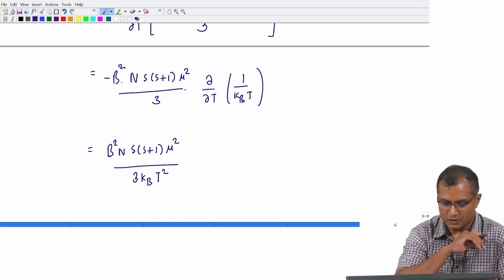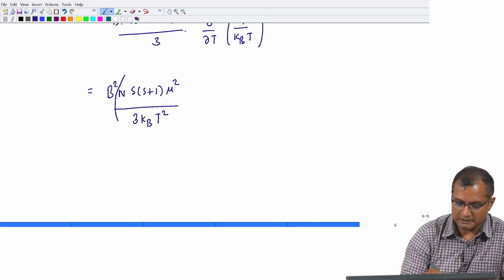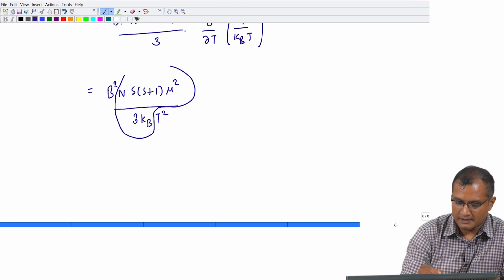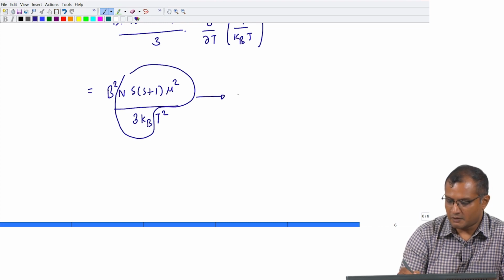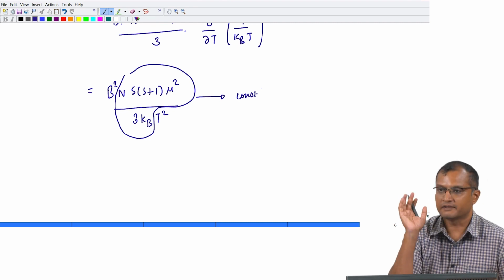Okay. So, I can now call all these things some kind of a constant which does not depend on temperature or the magnetic field.